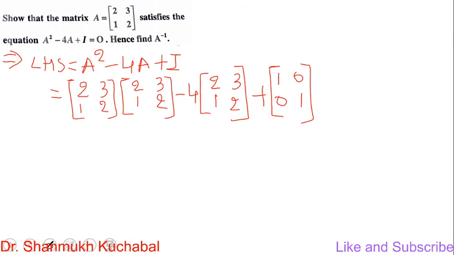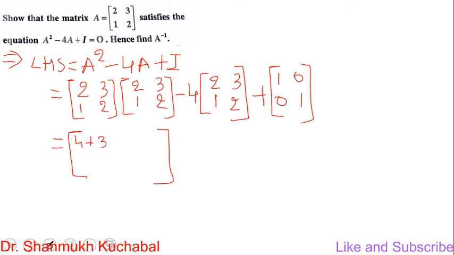Further, for A square we should perform matrix multiplication. So you know the matrix multiplication. It is 2 into 2 is 4 plus 3 into 1 is 3. First row is multiplied by first column. This is over.